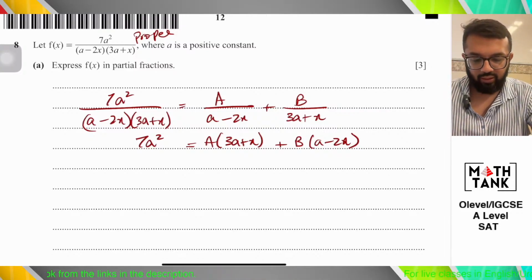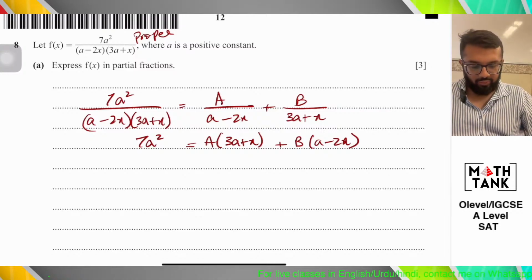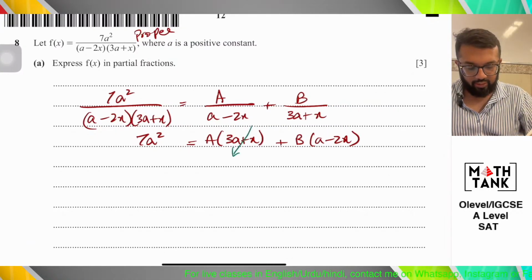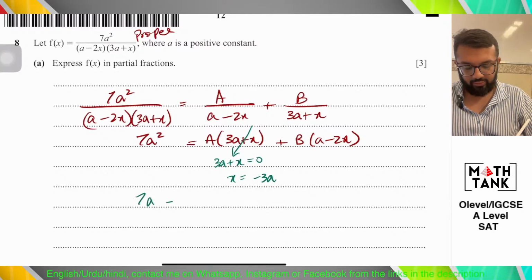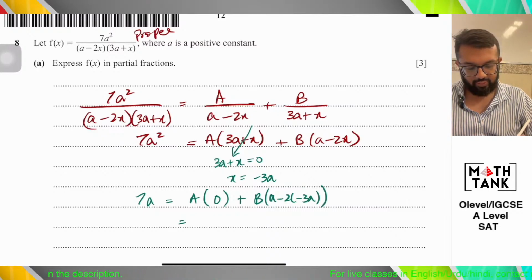I think it's going to be easier if you do a comparison in this, but I'm just going to stick to the cover-up. So I take a value for x that makes the bracket equal to 0. So x equals minus 3a. So that's 7a square equals B times a minus 2 times minus 3a, that's 7a. So B is equal to a.